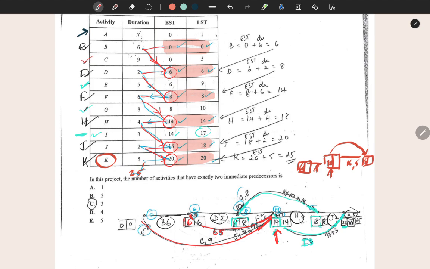That's done. A, latest start time 1, its duration 7, so it would have been completed at 8 weeks. So 8 weeks is here, and take the edge backwards from there, and its earliest start time is 0. And that is activity A with a duration of 7.